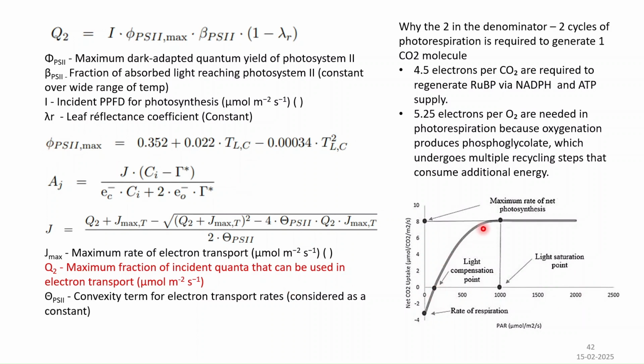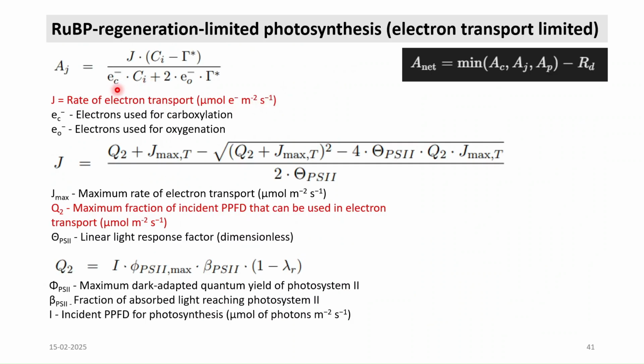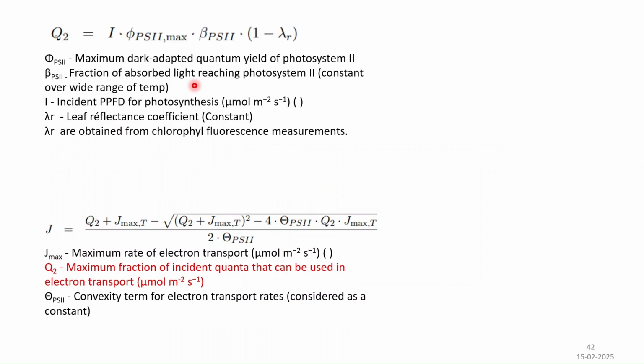So in order to give an understanding about the values in this RuBP regeneration rate, we did look into two terms in the denominator. One giving us the electrons used for carboxylation and one giving us the electrons used for oxygenation.